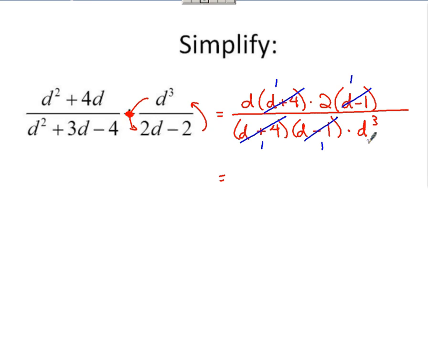So we could divide this d out, understanding we're going to divide the d into this d to the third. If we divide the d into the d to the third, we just have d squared left. So what's left over? Looks like we've got 2 in the numerator and d squared in the denominator.